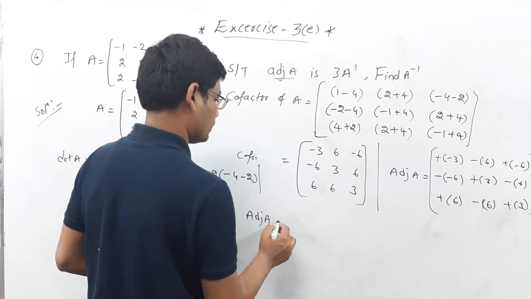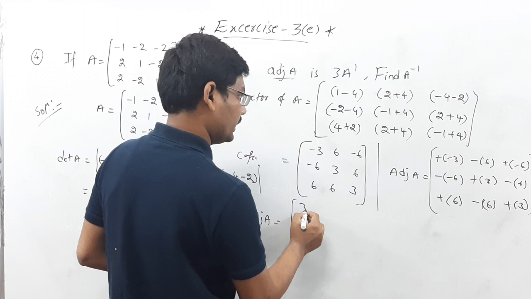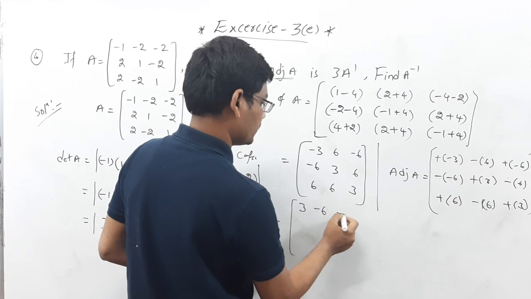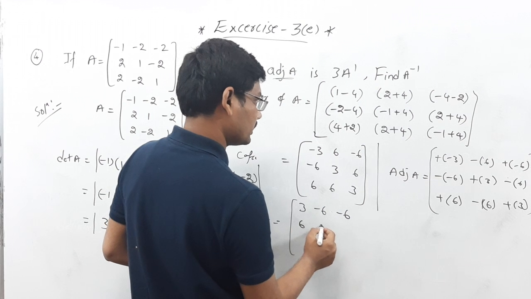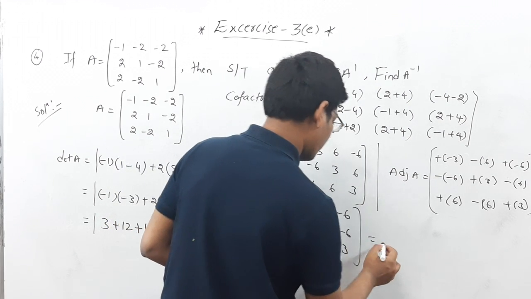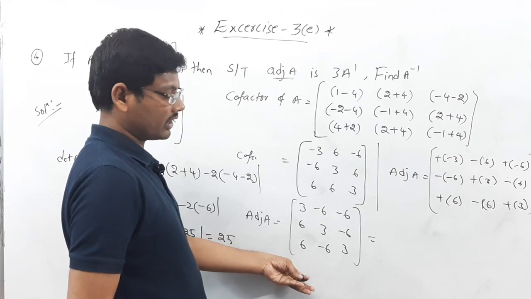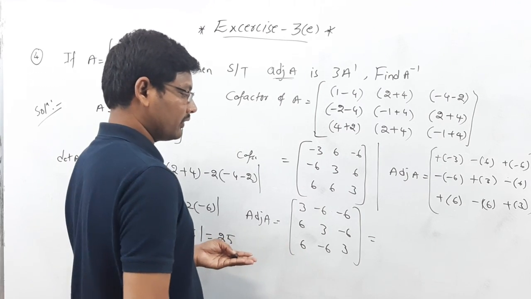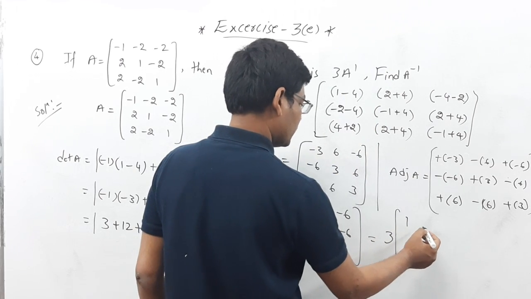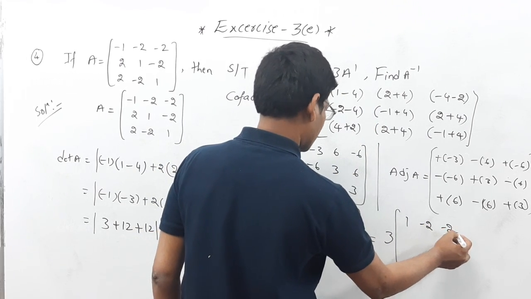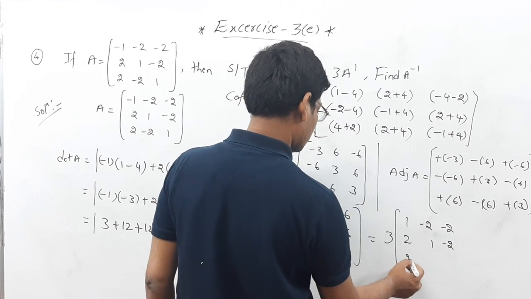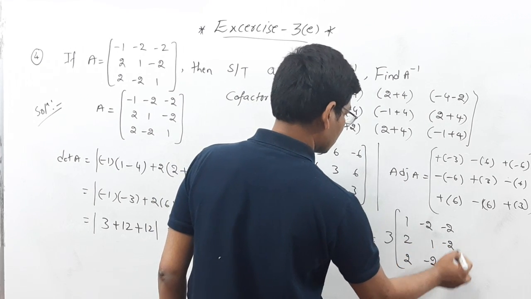Adjoint of A is equal to 3, minus 6, 6, minus 6, and here again this is minus 6 and 6, 3, minus 6, 6, minus 6, 3. Here, if you take 3 as common, the scalar common from this matrix, what will happen? 1/3, minus 2/3, minus 2/3, 2/3, 1/3, minus 2/3, 2/3, minus 2/3, 1/3.